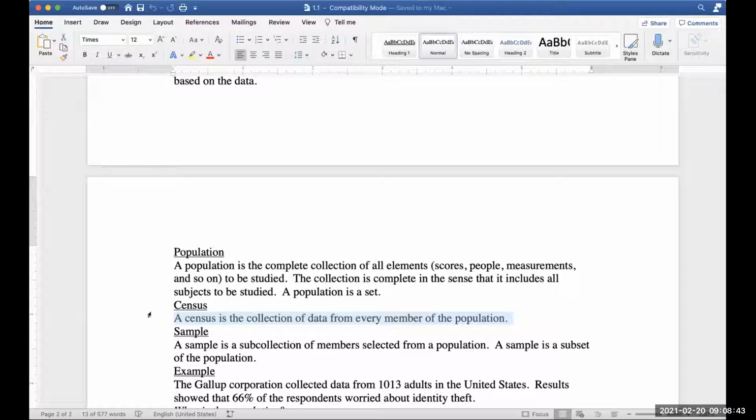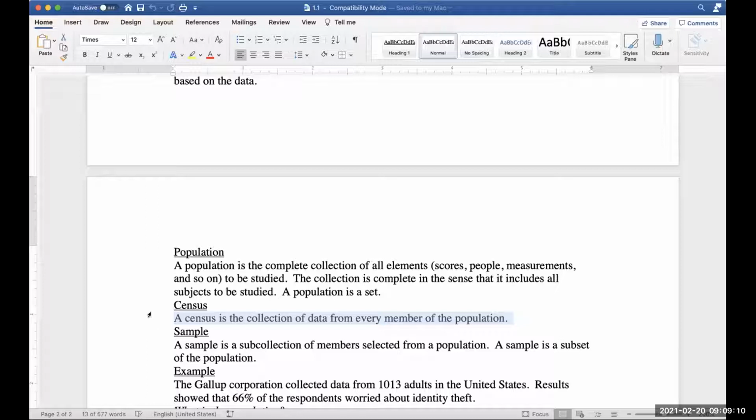So in the United States, there's a census every 10 years where we collect information involving every member of the population in the United States. Now, of course, a problem with conducting a census is that it is very expensive.